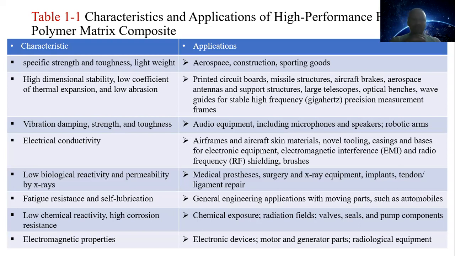So such materials are applicable in the areas of aerospace, construction, sport goods, and lightweight automobile industries. Why are we using this lightweight structure for aerospace application? This is basically due to the relation between the weight of the material and the fuel consumption, and the relation between the weight of the material and the environmental effect.